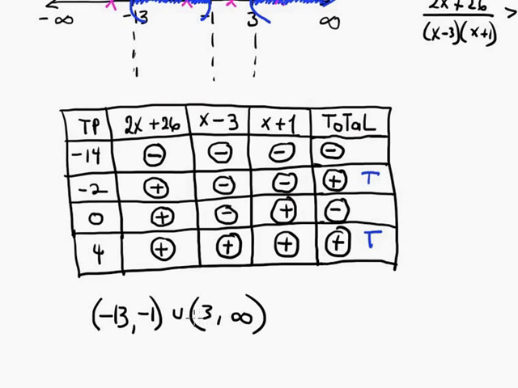This answer corresponds to the handout solution. Let me see. The option negative 13, comma, negative 1 or 3, comma, infinity, the option C. Option C. Super.